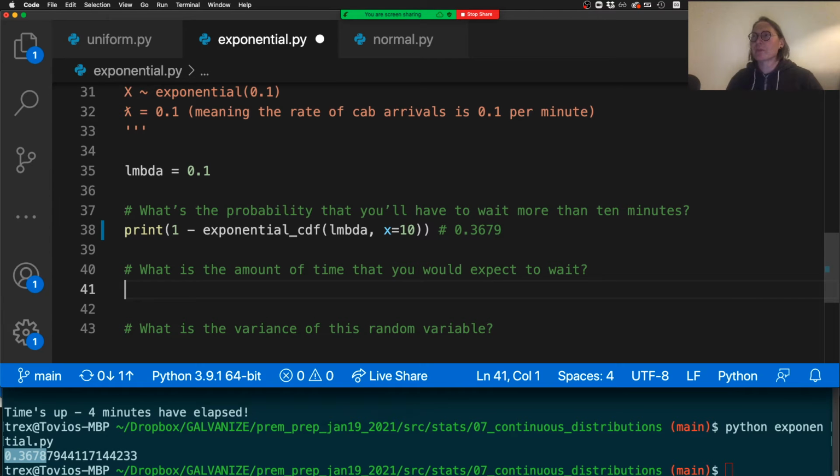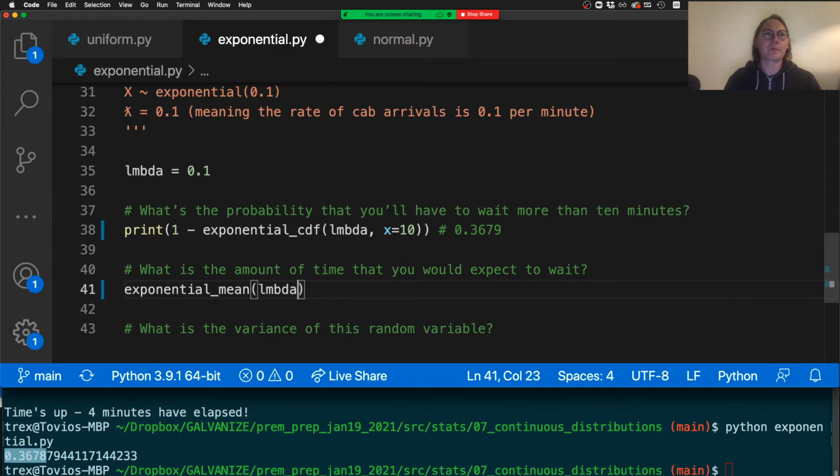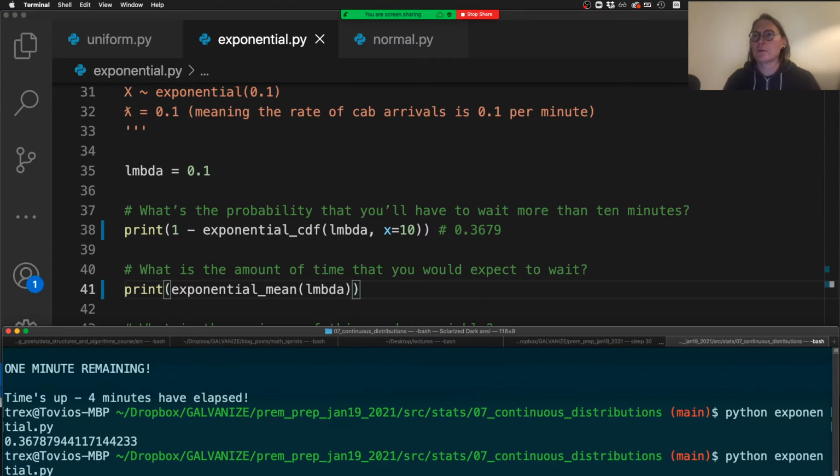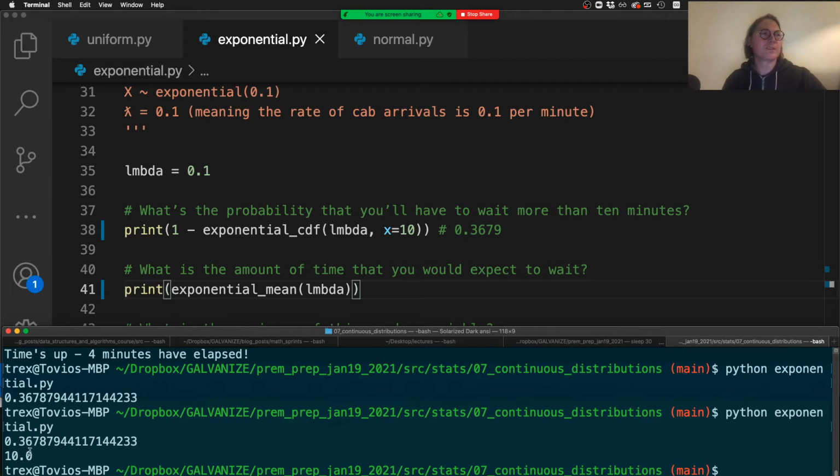Now, if you think about this, this just sort of can pop out, right? Like, how much time would you expect to wait if it's 0.1 cabs per minute? I think that, well, we can answer this with the exponential mean function, but if we think about it just logically, we can see that it's 10 minutes, right?